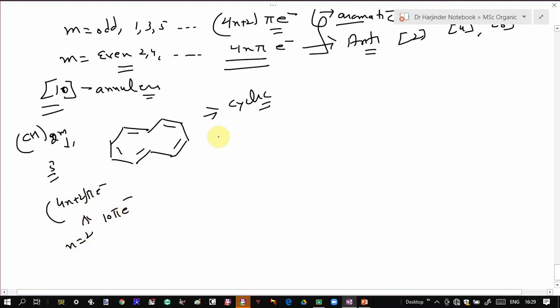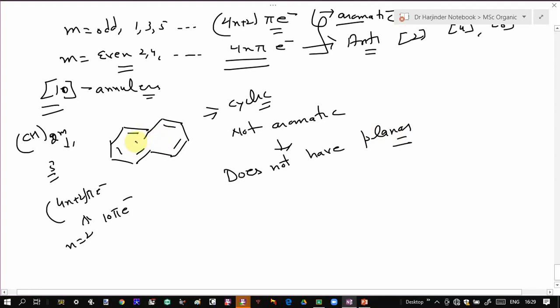So it has 10 pi electrons, that is for n equals 2, it satisfies this rule. However, it is not aromatic. Why is it not aromatic? Because it does not have a planar structure. Why doesn't it have a planar structure? Because these two hydrogens which are present inside the ring are very close to each other.